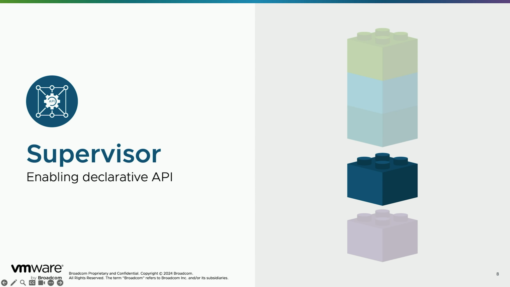So I keep referring to this supervisor, which can be quite a new concept within vSphere. So I'll go into a little bit more detail about what that means. But essentially, this is the layer that's providing that API on top of our VCF private cloud.